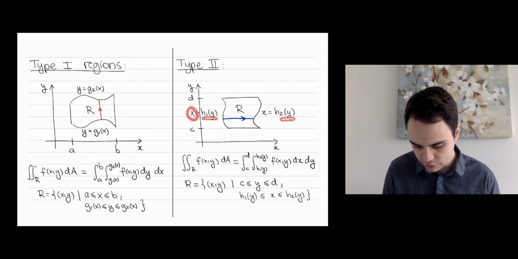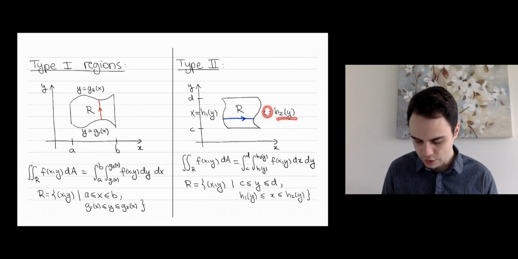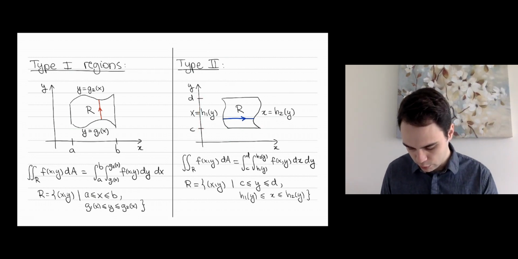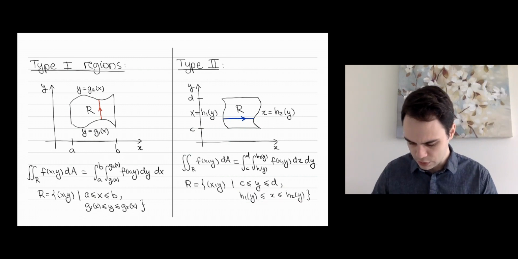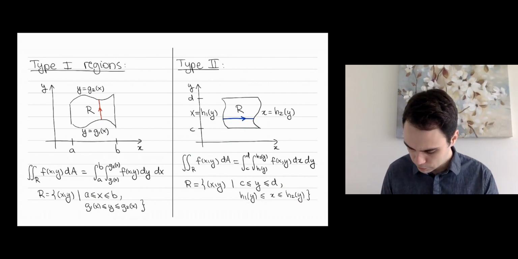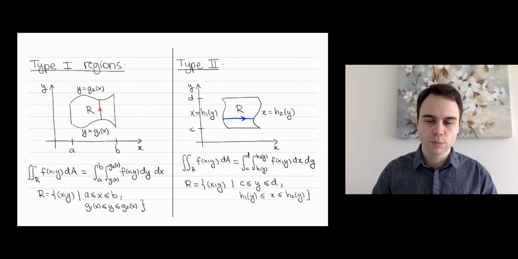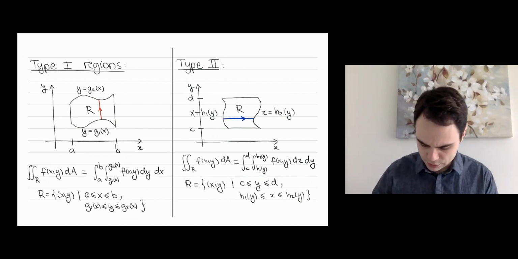So x is a function of y on the two sides, and y is in some interval, right? So we're looking at points x, y, where y is in some interval and x is in between two functions of y. And then in that situation, the formula I gave you last time, but in the other order, just works. Just gives you the correct number, the correct integral.